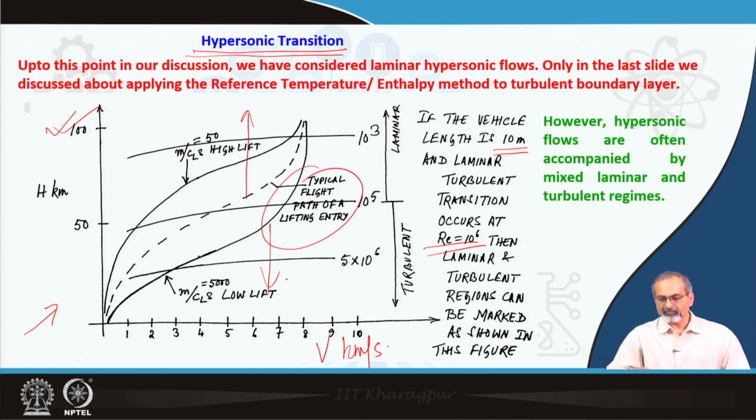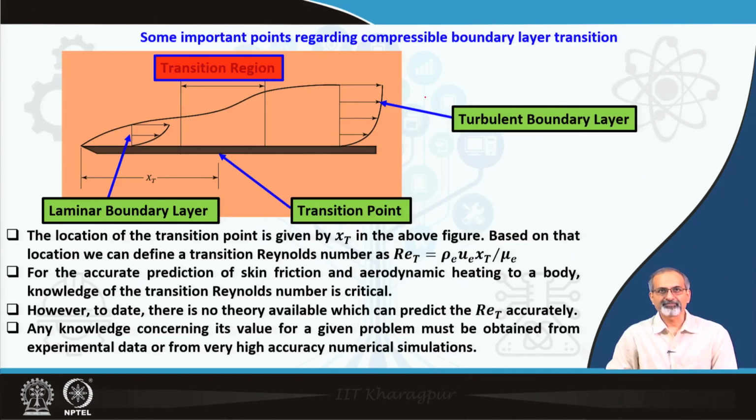And in this context, though we have through an engineering tool tried to address the problem by introducing the reference temperature or enthalpy method, that does not of course indicate on which regions of the body we should think laminar, on which regions we should think turbulent, and so on.